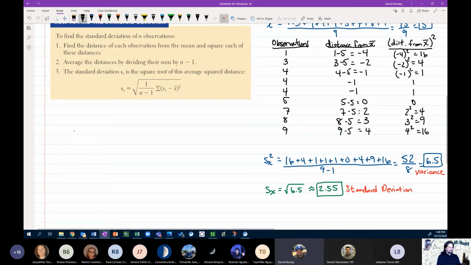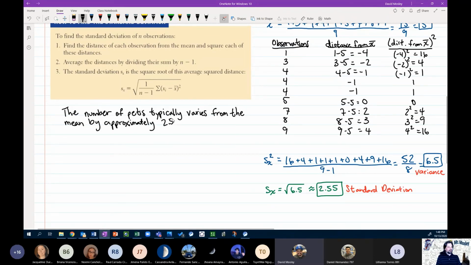Within this context, because we're talking about the number of pets, these kids typically vary from the mean by approximately 2.55 pets.